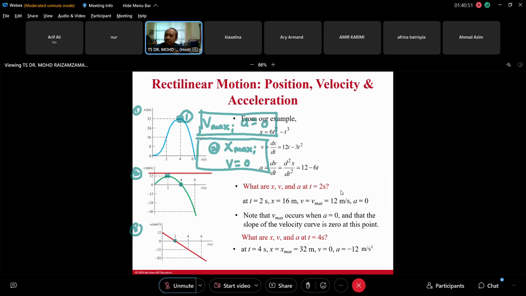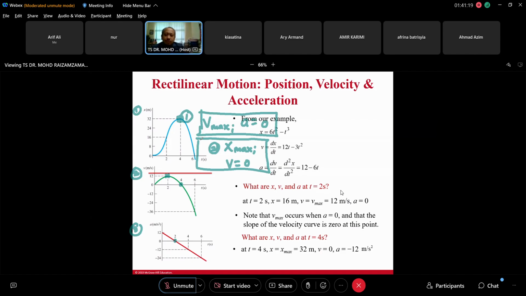So let's say we ask you to calculate the maximum elevation or maximum position. To get this value, you have to know that velocity must be equal to 0. Clear, class, with these two summaries?